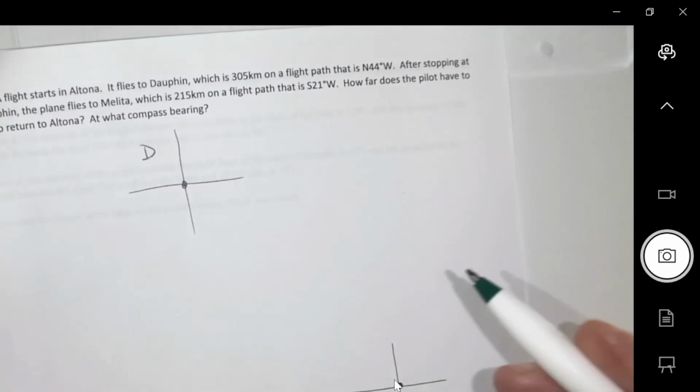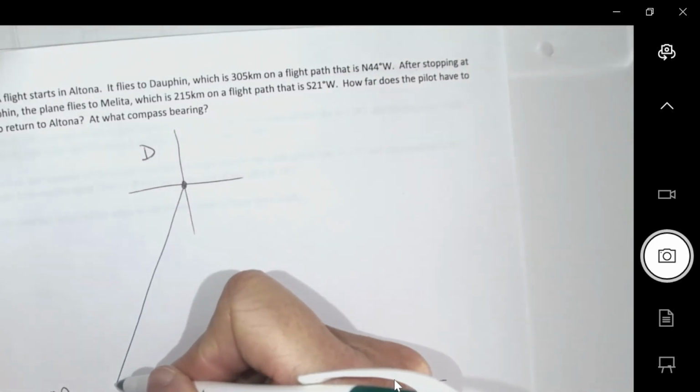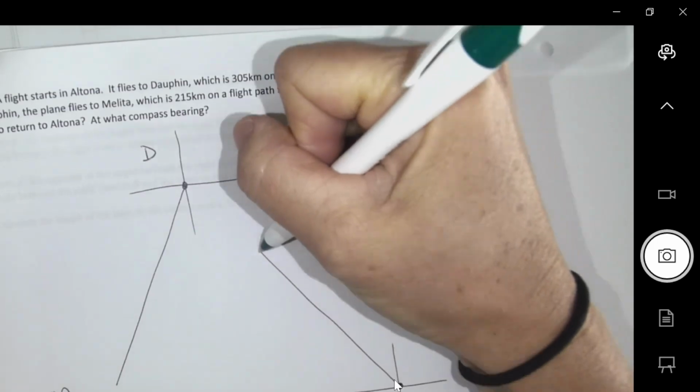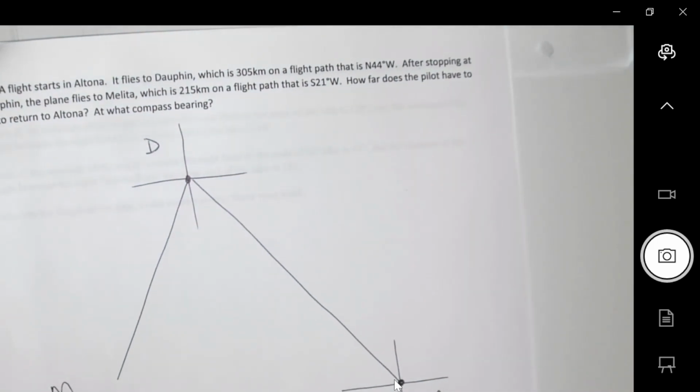And then we're going to go to Melita. So there's the flights we're taking. Okay, put compass bearings on those positions because we're going to do some angle stuff.